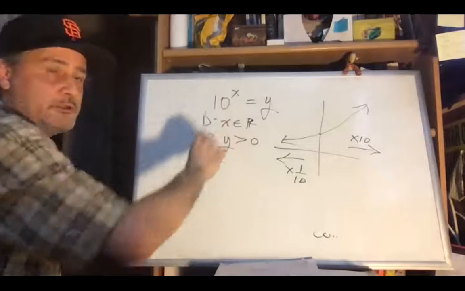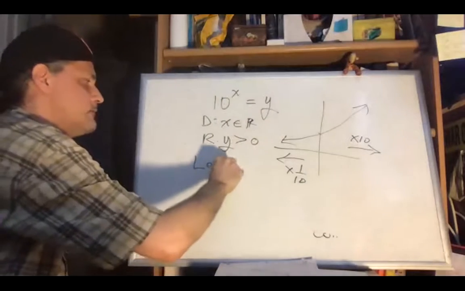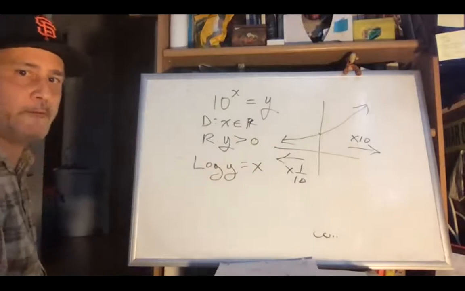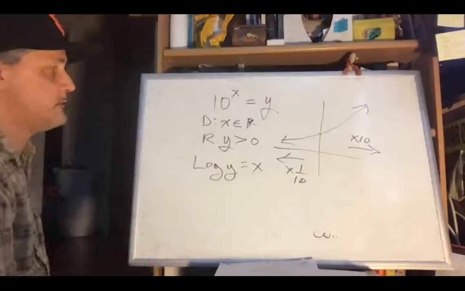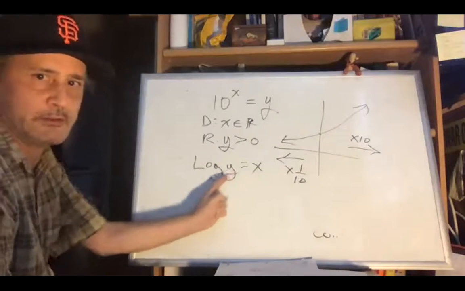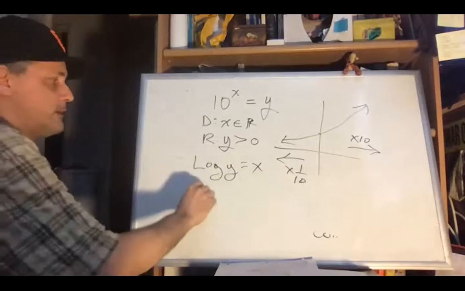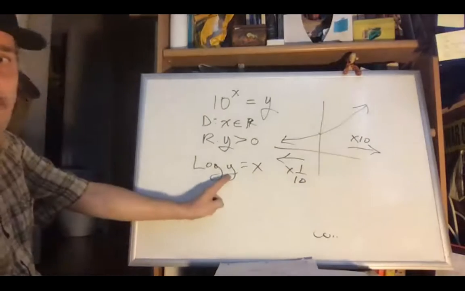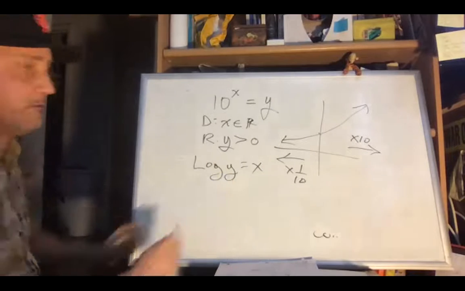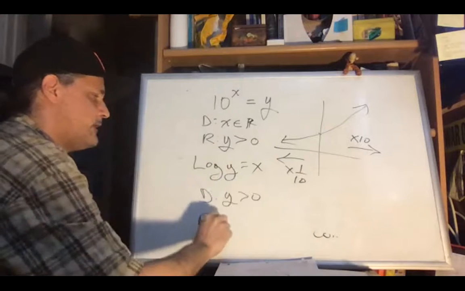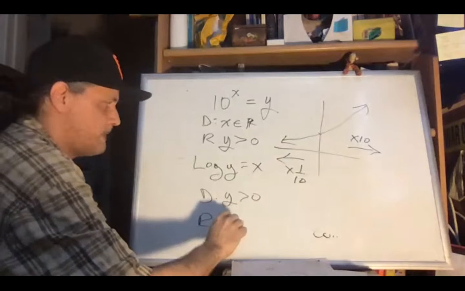Now remember the inverse? If we switch this to the inverse, the log of y equals x. I'm not switching the variables just to make a point, but if we use function notation, then we would want to switch the x and make this the inverse notation symbol. Now notice the domain has to be greater than 0, and the range can be any real number.